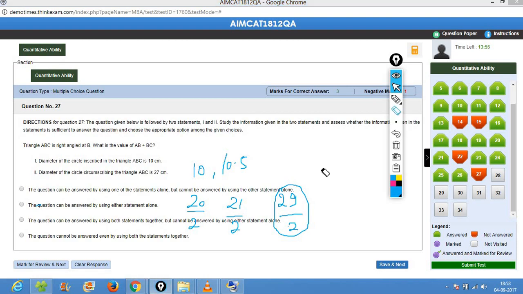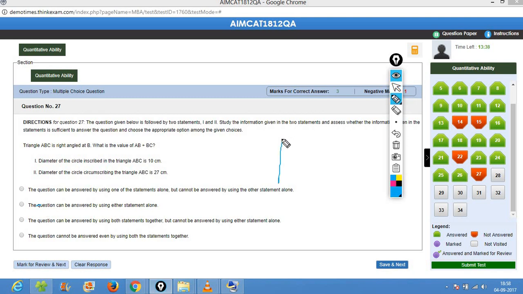Okay. Triangle ABC is a right angle triangle at B. What is the value of AB and BC?